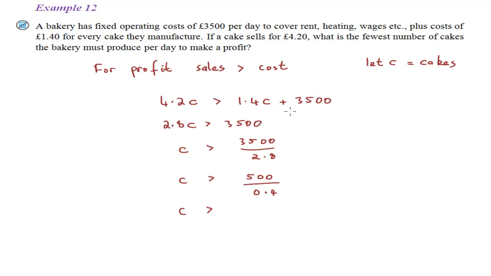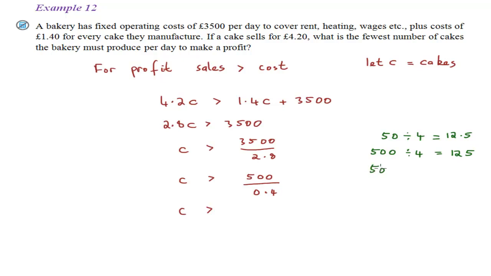Now I'll just change colour, do this over the side here. Again, going back to something that you know, like 50 divided by 4, dividing anything by 4, just half it and half it again. So half of 50 is 25, and half of that is 12.5. So that's 50 divided by 4. It's not quite what we've got here, but we can build it up to what we've got by saying if 50 divided by 4 is 12.5, then 500, which is 10 times bigger, divided by 4 would be 125.